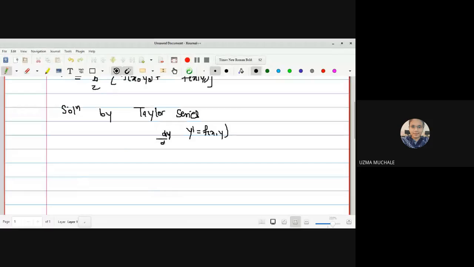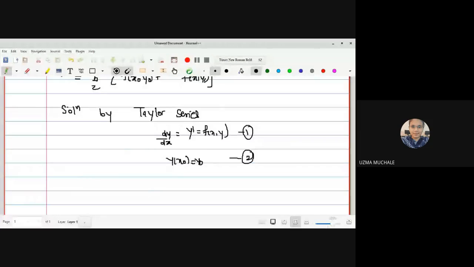So dy by dx is equal to y dash is equal to f of x, y. Whatever y dash we have, it is nothing but your function. That is our given differential equation with some initial condition, y of x naught is equal to y naught. This is the initial condition provided to us. Now we have to find out the solution of this differential equation.